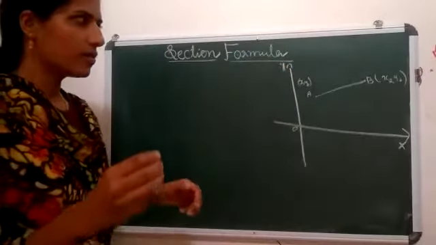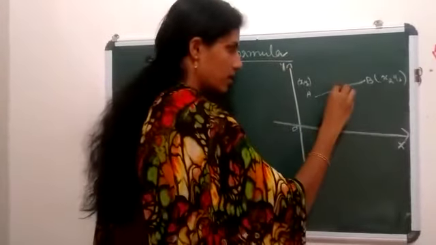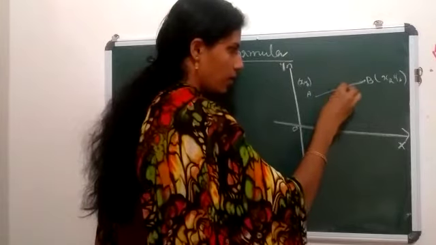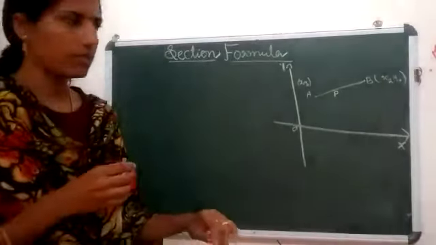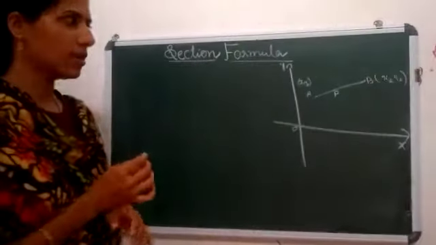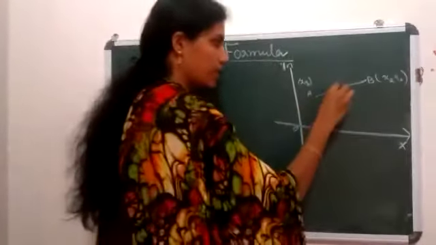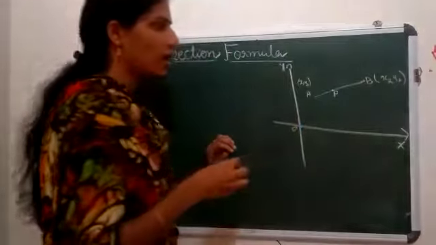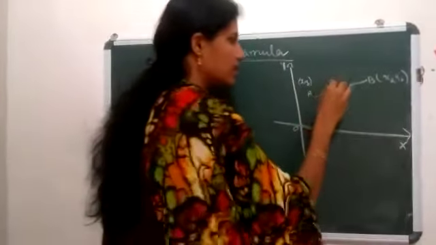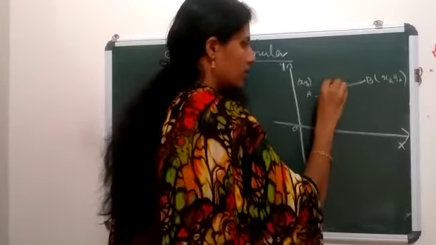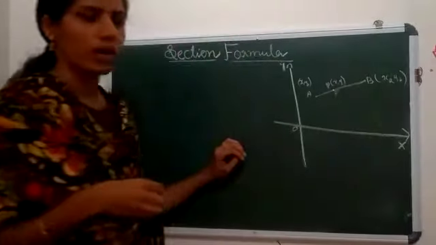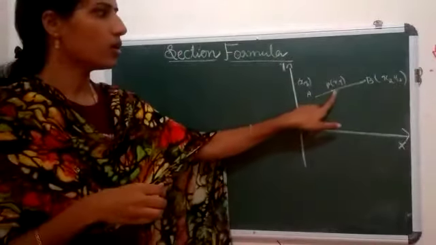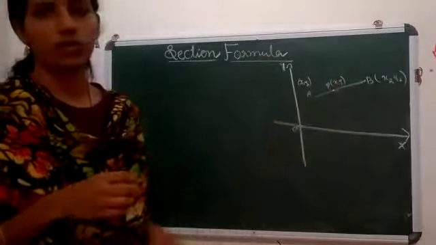Okay, consider the point is P. The point is going to split or intersect the line segment or divide the line segment at the point P, and the coordinate of P is x, y. Okay, so we need to find out the coordinate of P.